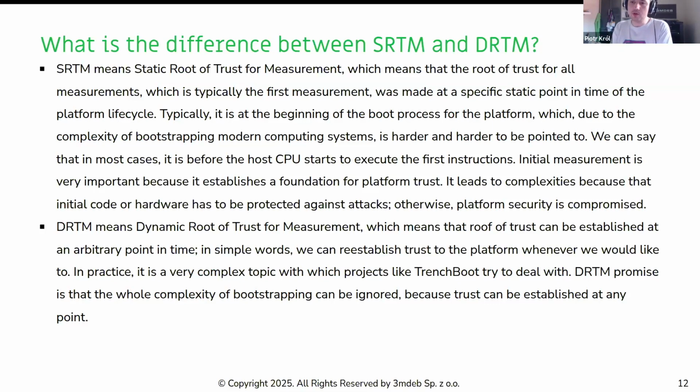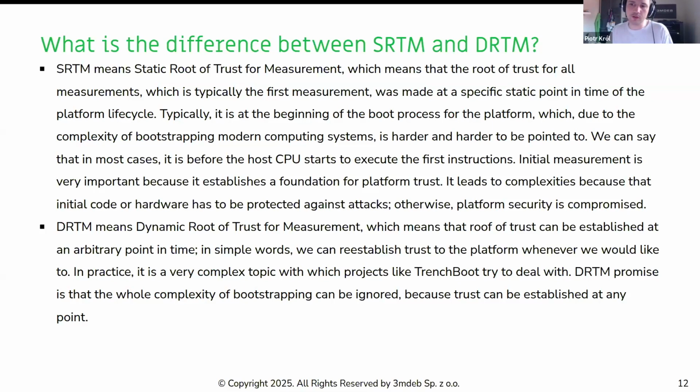And that piece of memory is automatically measured by hardware into the TPM, into PCRs 17 to 22, and those measurements are stored. Then you can verify that this dynamic root of trust for measurement really happened. And that small piece of code which was measured essentially re-establishes trust in your platform, because it's measured at the beginning of a new execution.